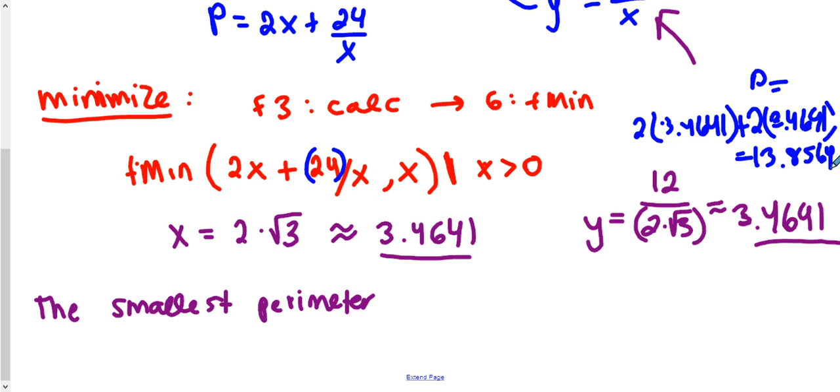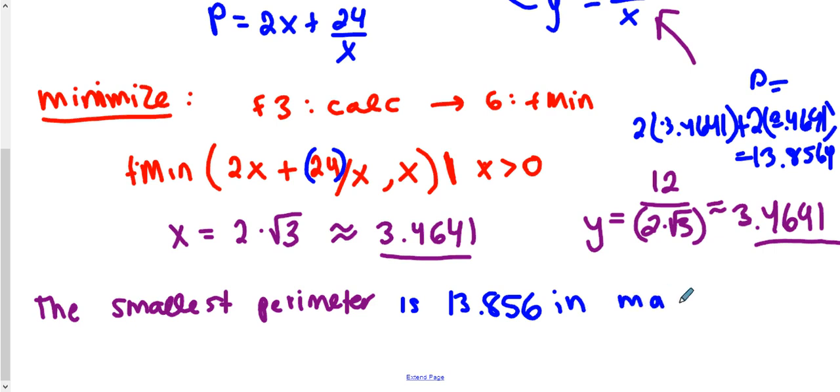So that would be 13.8564. We only need 3 decimals, so we can just write 13.856. We did get measurements, so that's going to be inches. Perimeter is in inches.